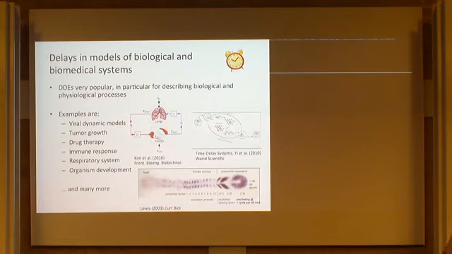Here we see an embryo of a zebrafish, and the somites that have formed here, and those are formed in a 30-minute cycle, starting from the tip, and there's the presomitic mesoderm here. The tail goes in this direction, and this has been modeled also using delay differential equations. But there are many, many more.